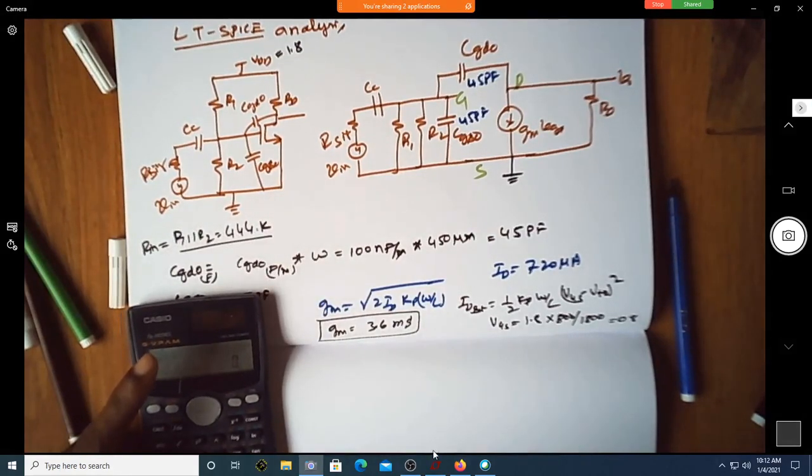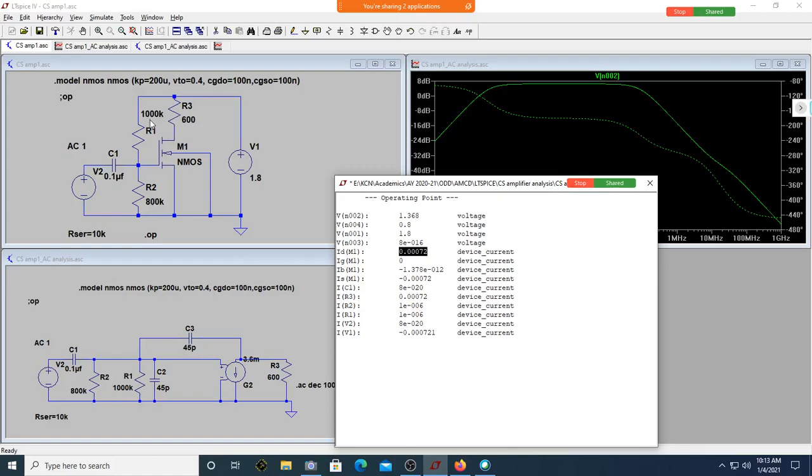Let me just go back to the circuit and try to verify. It is 1.8, V2 is 0.4. Am I correct? This is 0.8. You can see this is VG.